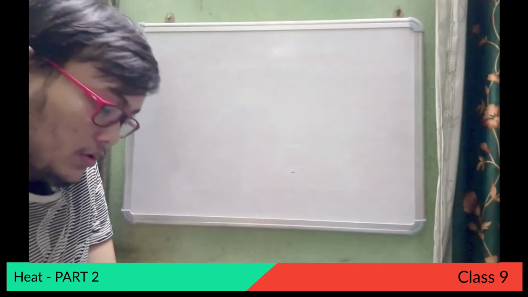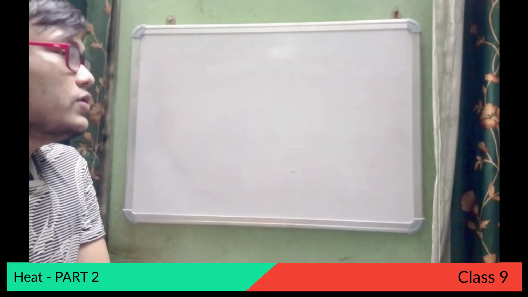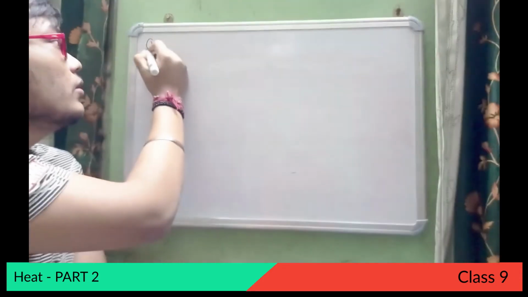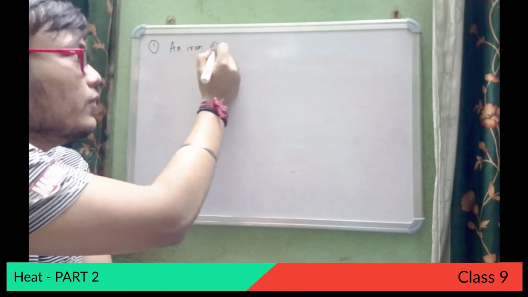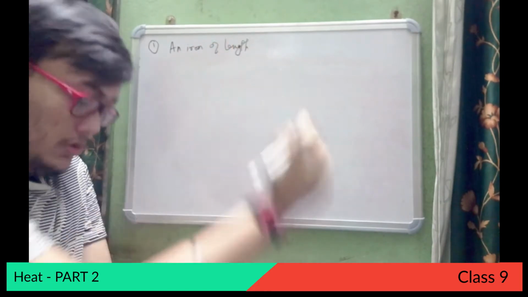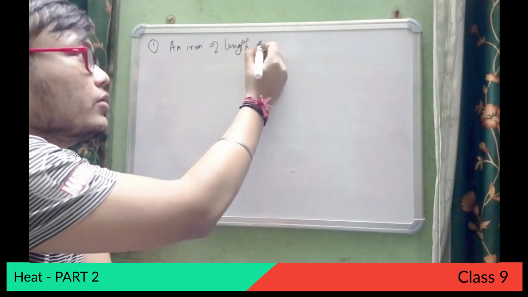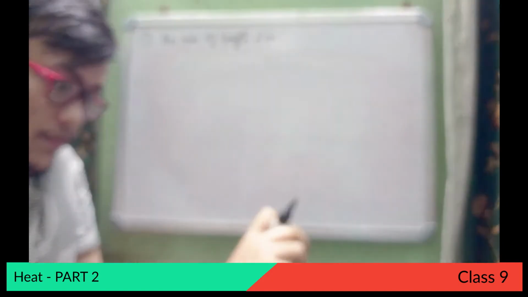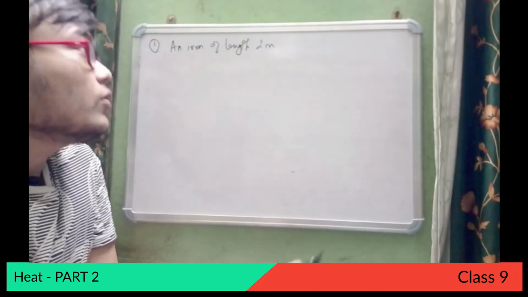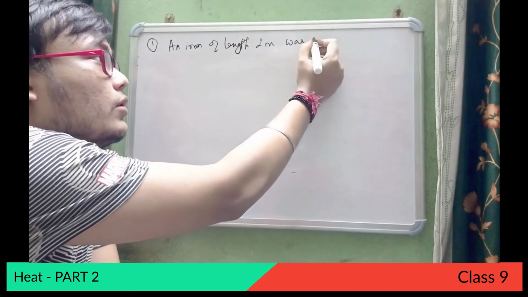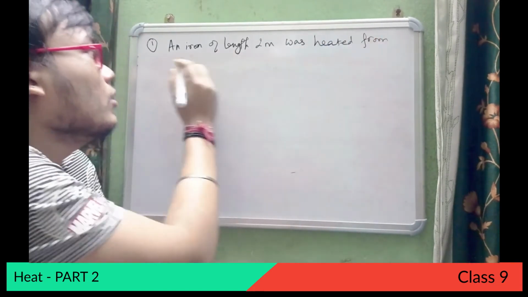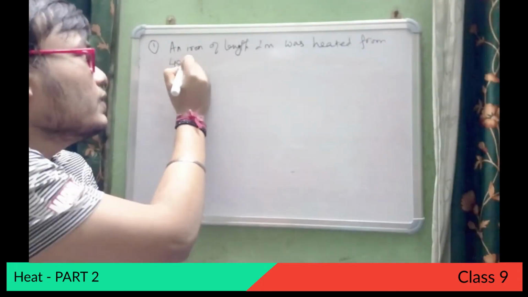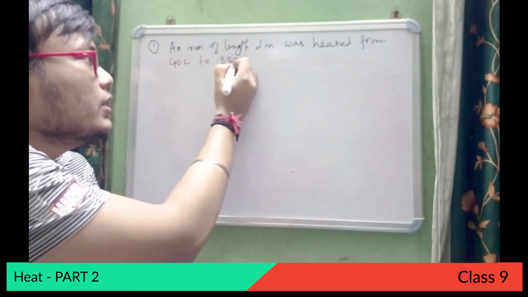The first numerical says that an iron rod of length 2 meters was heated from 40 degrees Celsius to 80 degrees Celsius.